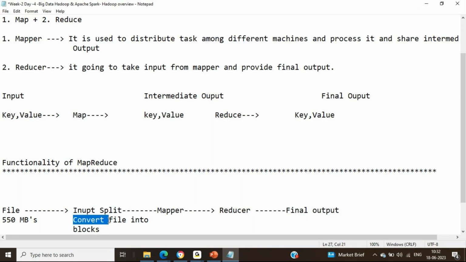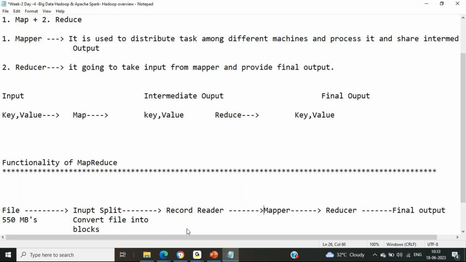The blocks which were generated with the help of input split do not have data in key and value pair, and we know very well that the mapper is able to work on key and value pairs only, so it is given to another component called record reader.